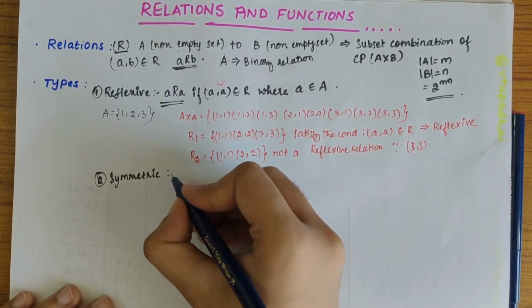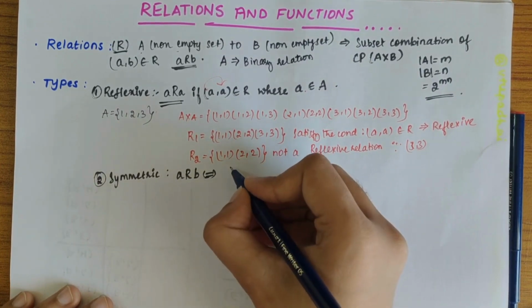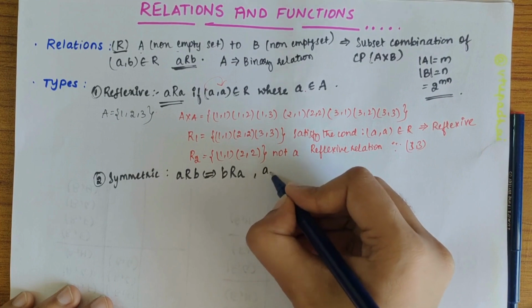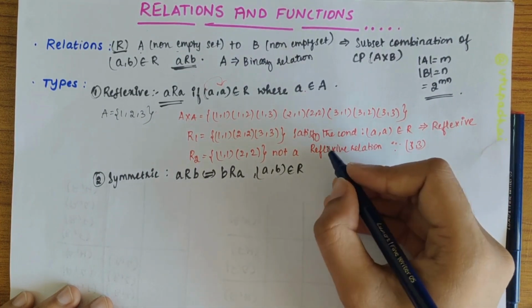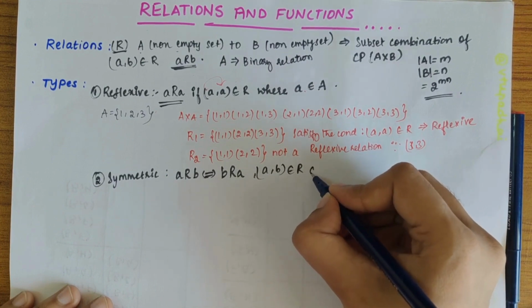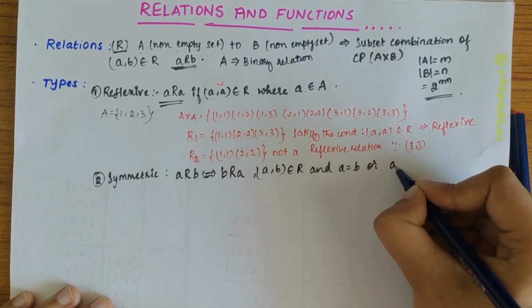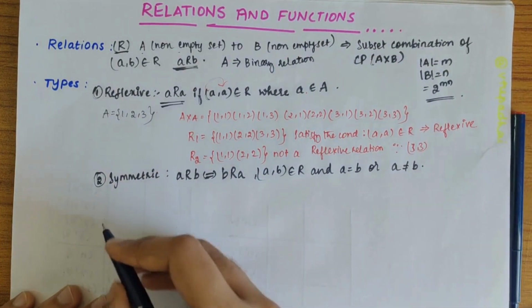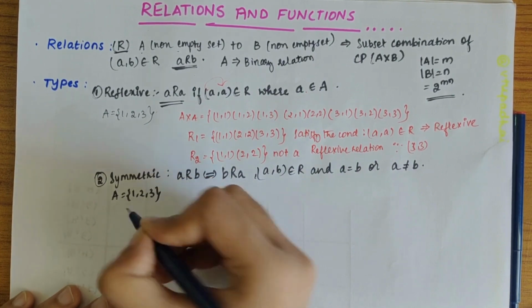Here the condition is: a related to b implies b related to a, where (a, b) belongs to R, and a is equal to b or a is not equal to b. Let's look into this with an example. A is equal to {1, 2, 3}.